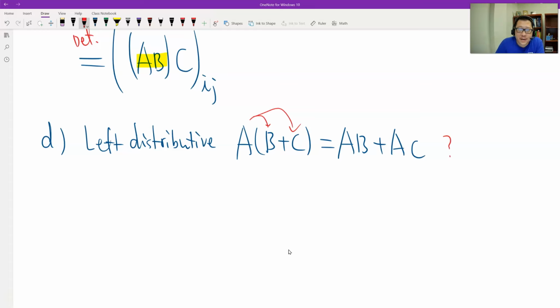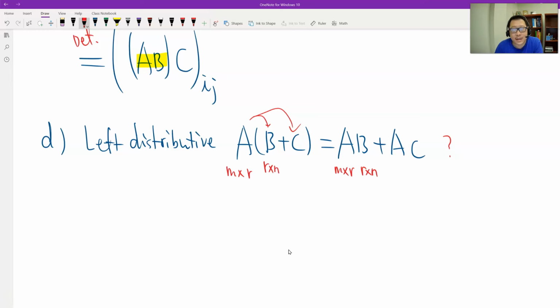First, you can think about the size. So let me say A is m by r. So B should have r rows, otherwise you cannot do multiplication. So let me say B should be r by n.